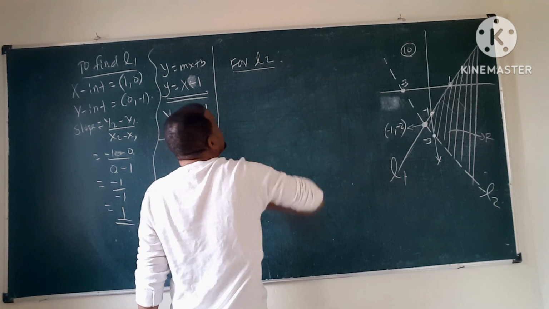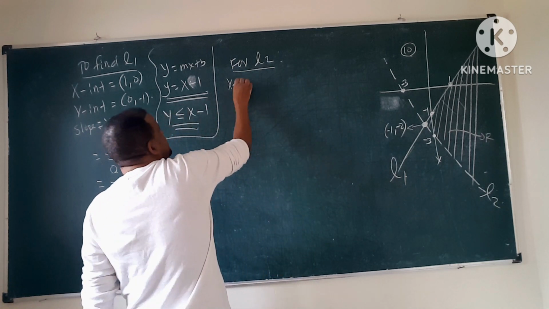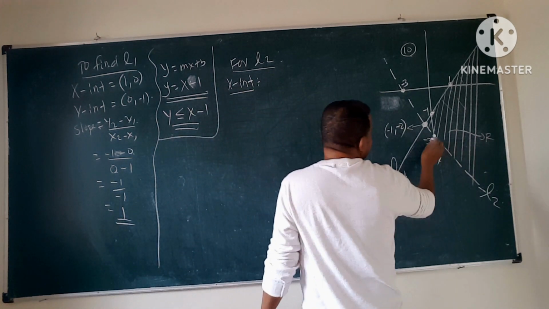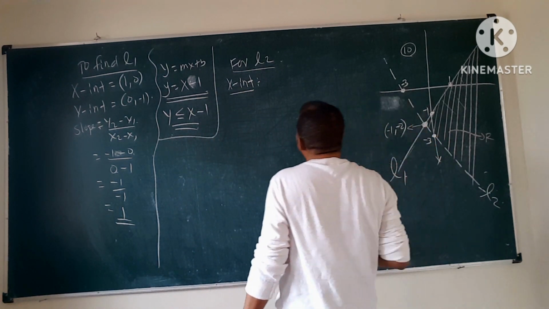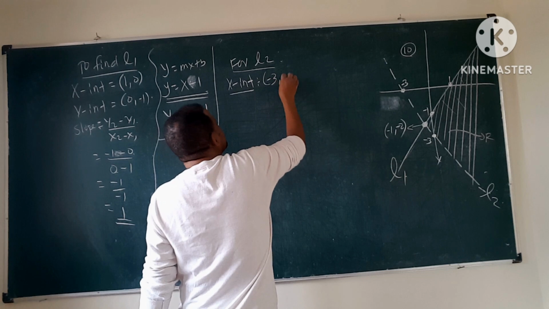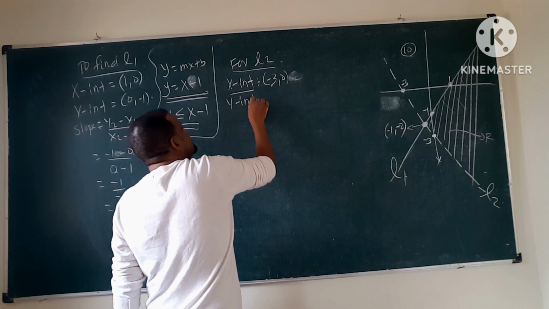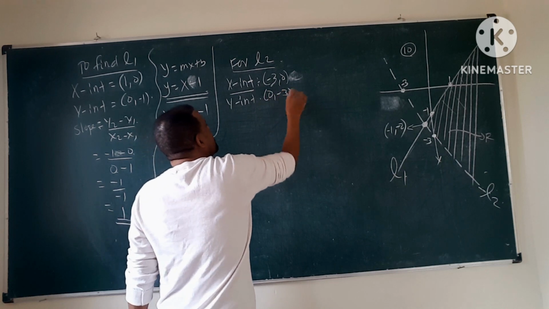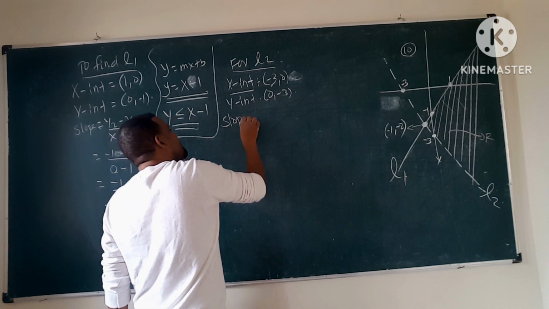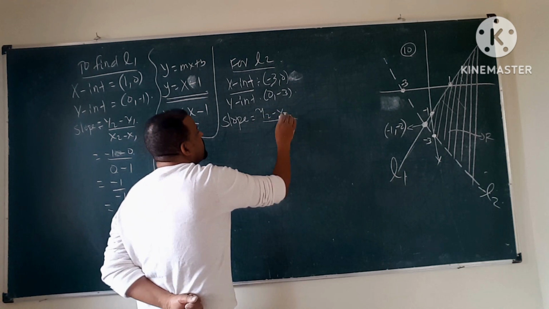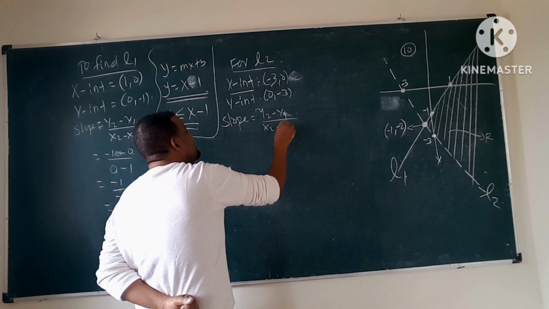Now look at the other one. What about the x-intercept? The x-intercept is negative 3, so (negative 3, 0), and the y-intercept is (0, negative 3). So what will the slope be? Slope is equal to y2 minus y1 over x2 minus x1.